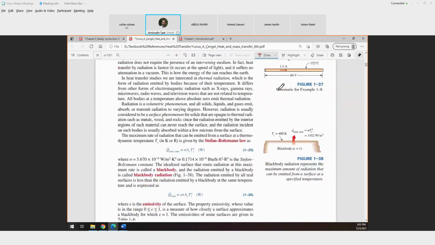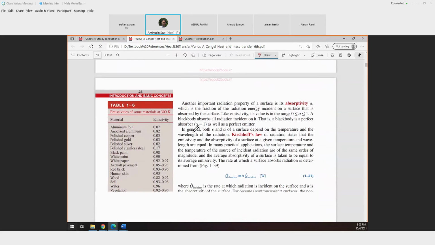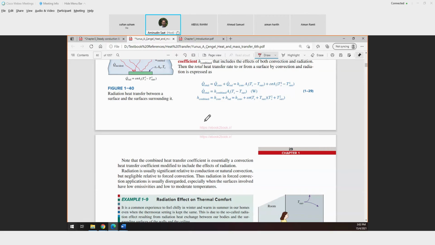Section 1.8, radiation. If you go a bit down, yes, this one. H radiation here can be calculated from this equation.